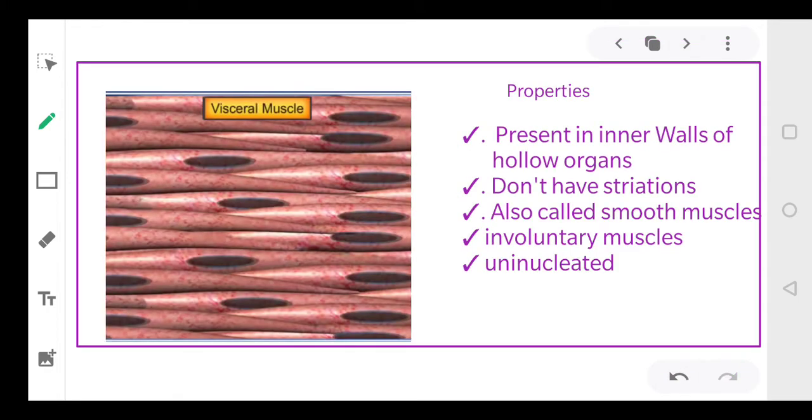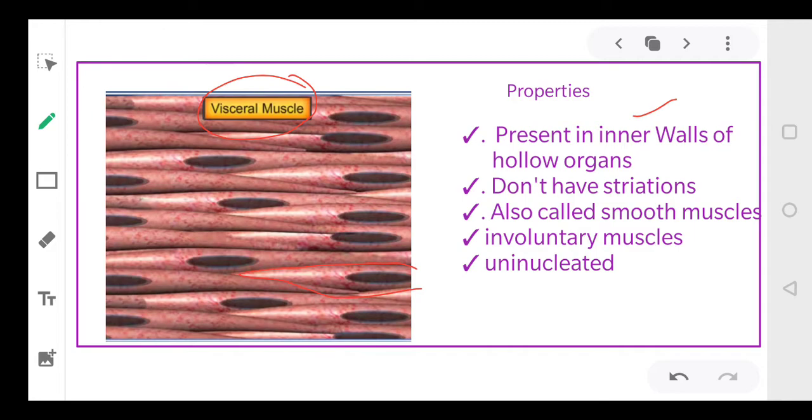Coming to the second type of muscles, which is called the visceral muscles. Now just look at this, dear students. This portion is one muscle. Such muscles are located in the inner walls of your visceral organs, like your alimentary canal and your reproductive system.